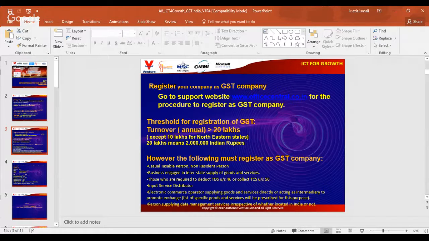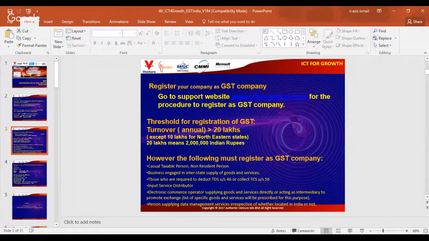But even though you have not gone over the threshold, which means that your sales is less than 20 lakh, if you are this kind of entity, for example, I've shown it at the bottom of the PowerPoint, the casual taxable person or business.